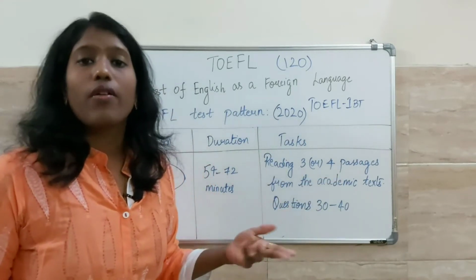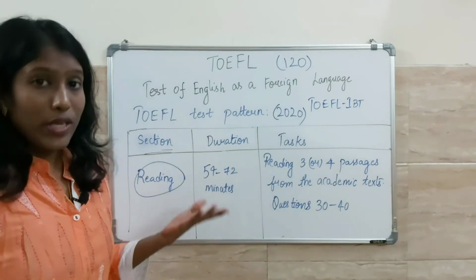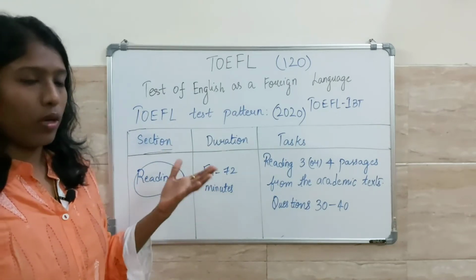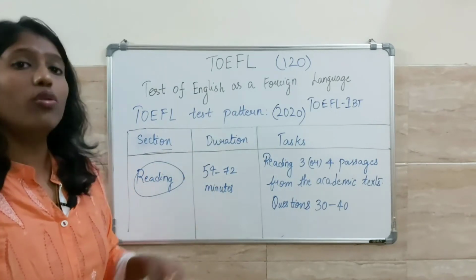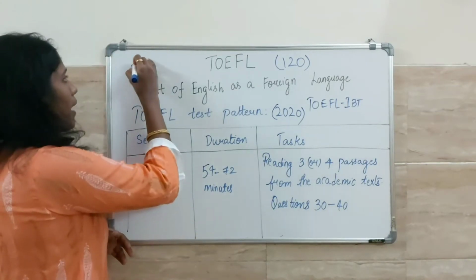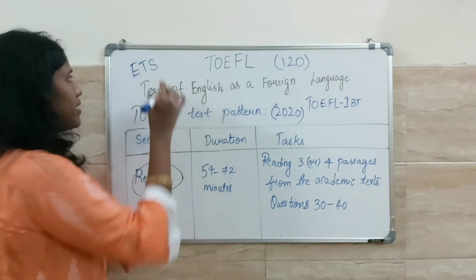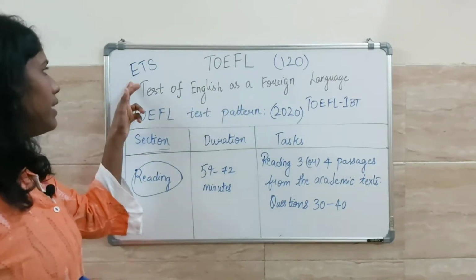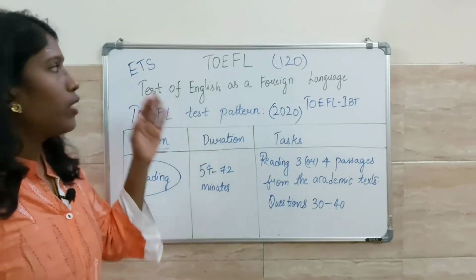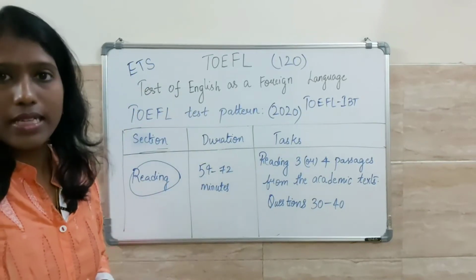So depending on your exam and the question paper, you will get the duration. Your test paper is compiled by ETS, that means the test is conducted by ETS, Educational Testing Services.